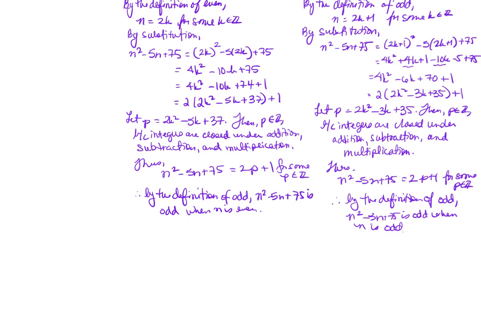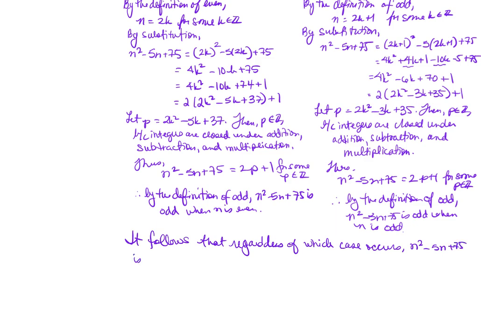So our final conclusion would say, it follows that regardless of which case occurs, n squared minus 5n plus 75 is odd for any parity of n. And it has been shown. And that's the end of section 4.5.